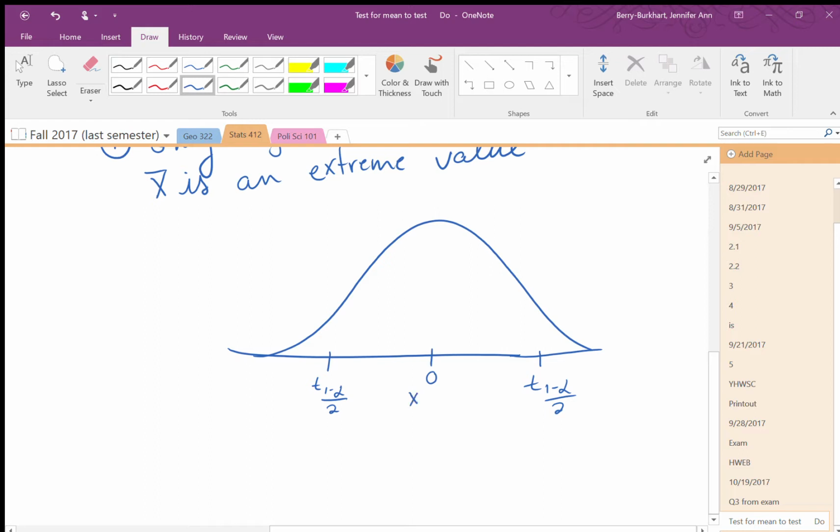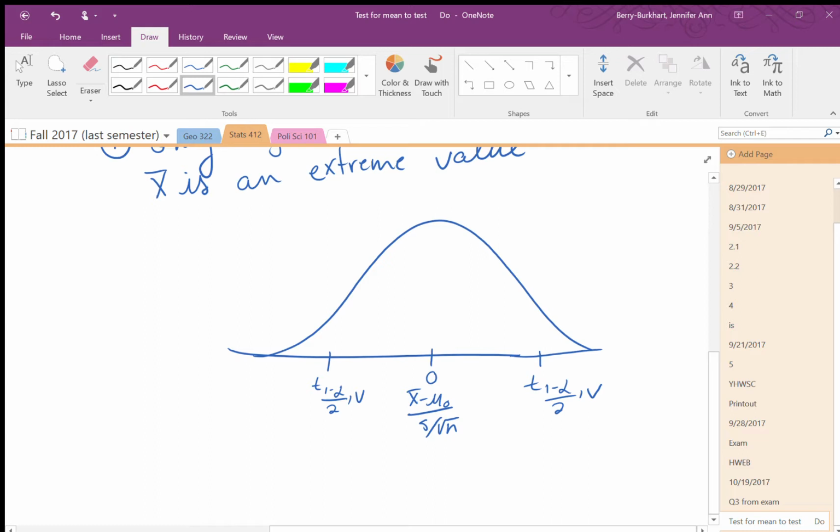So if I find that x bar minus mu naught over s over root n appears in this tail, or in this tail, what am I going to do?